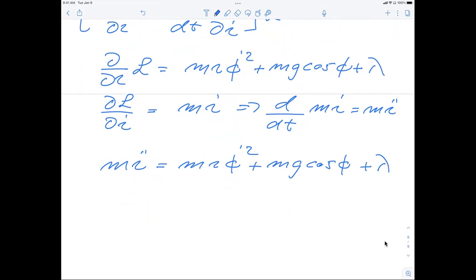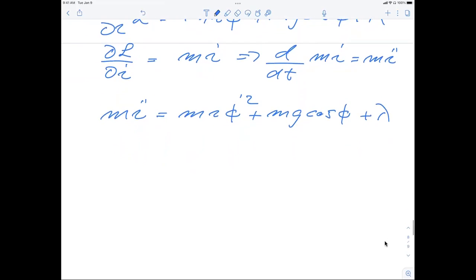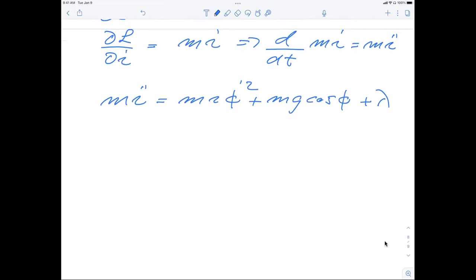That doesn't look so exciting, and we have not seen this equation. It's not so easy to translate into what we've seen before. But let's see what happens with the angular equations.